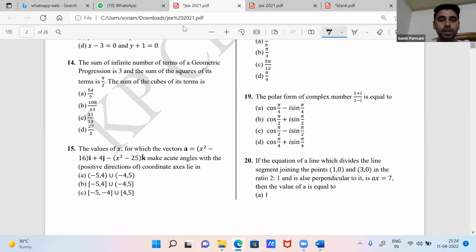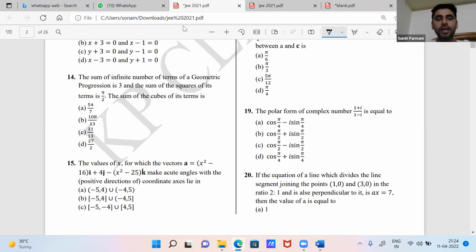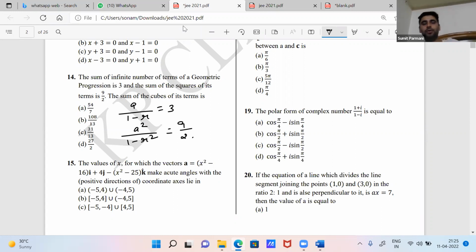14th one, the sum of infinite number of terms of a GP is 3. Okay, that means it is given A by 1 minus R is equals to 3. Sum of the squares is 9 by 2. That means A square by 1 minus R square is given as 9 by 2.